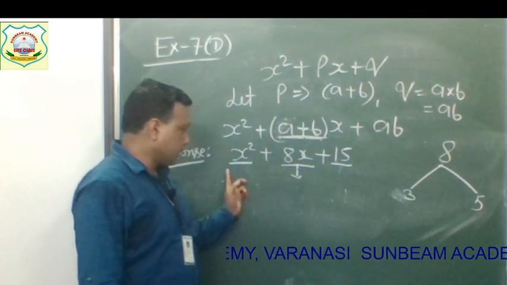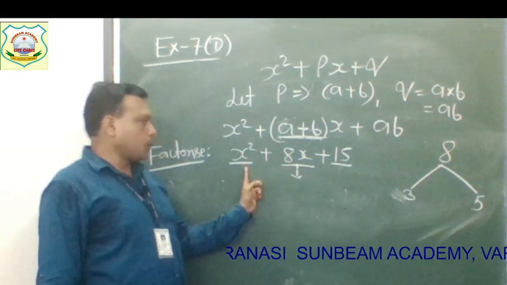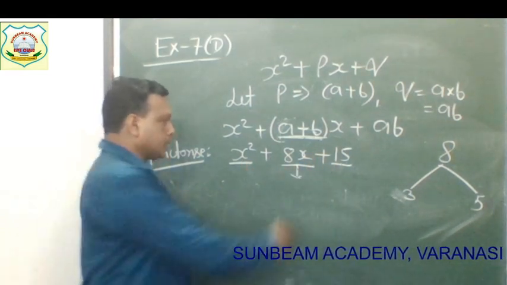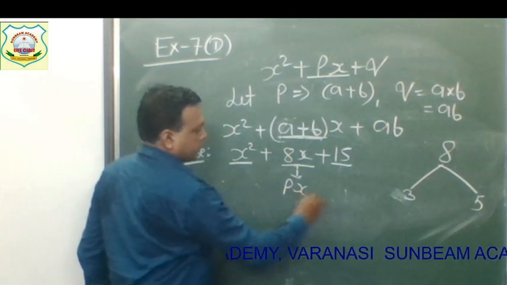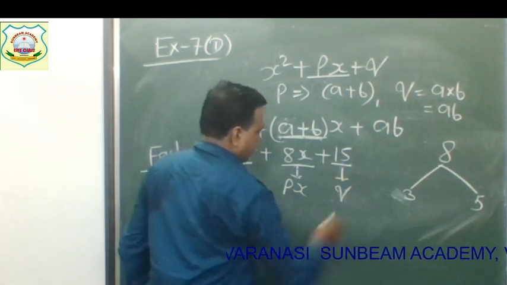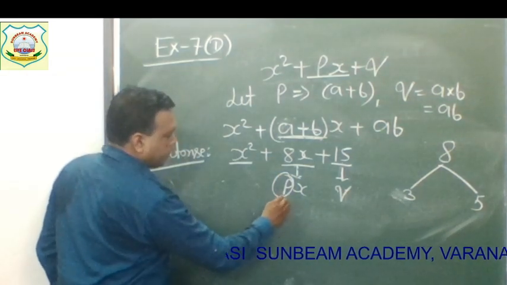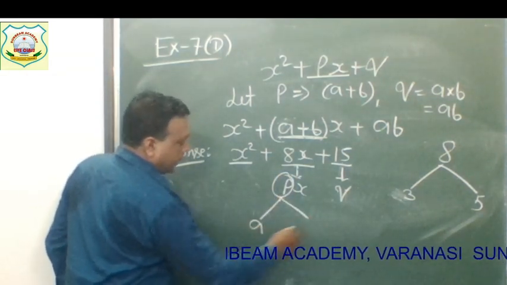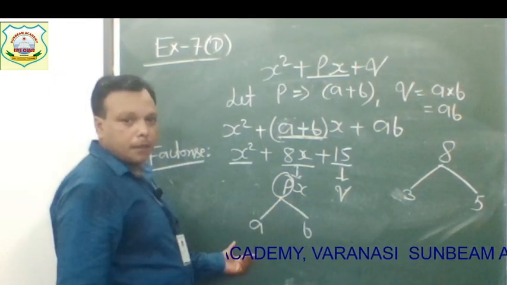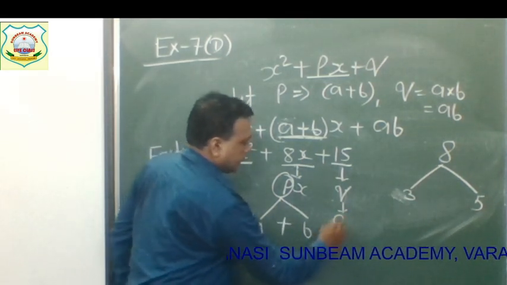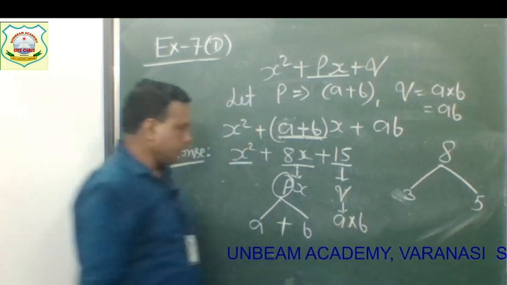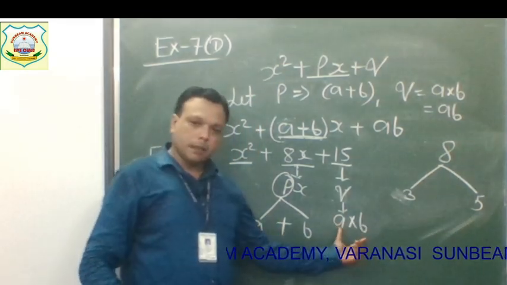In the same way, this expression is given: x square plus 8x plus 15. This is the form of the px. This is the form of the q. So, p should be distributed into 2 parts, a and b, and for q, we add a and b, and multiply a and b.